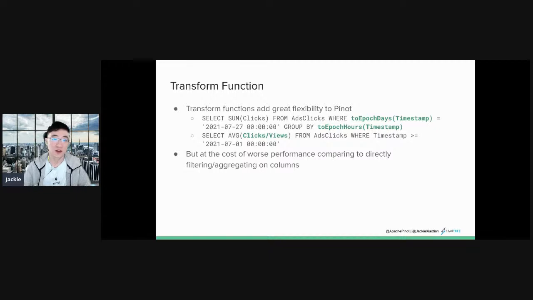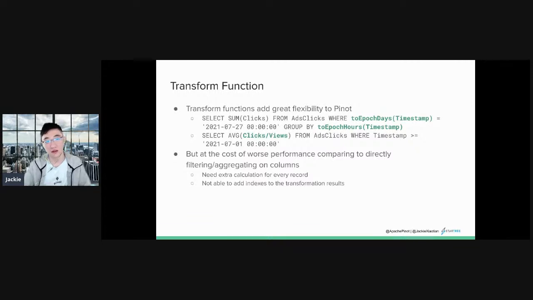For example, for the first query, in order to solve the filter toEpochDays timestamp equals July 27th, I have to scan all the timestamps within each record, and then try to match that value with July 27th. Another problem is that because these transformed results do not pre-exist in my dataset, I'm not able to add any indexes to the transformed results.